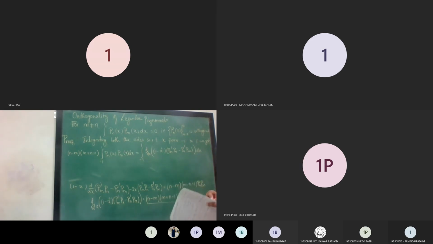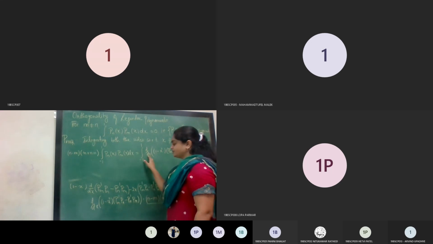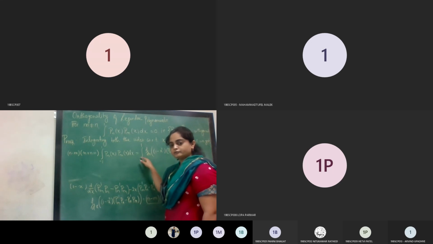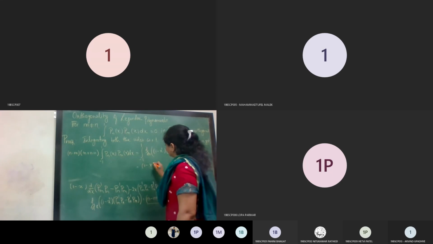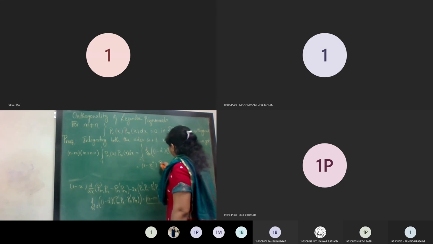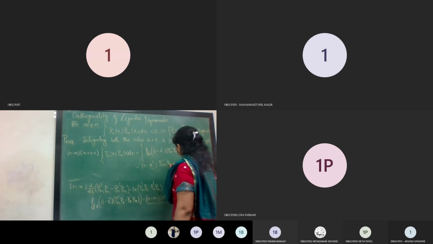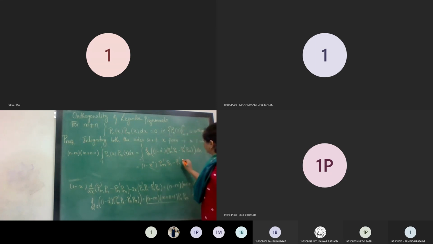Derivative and integration operators are inverse of each other, or you can use the fundamental theorem of calculus over here, and directly arrive at the conclusion that it will be 1 minus x square Pn dash Pm minus Pm dash Pn from minus 1 to 1.